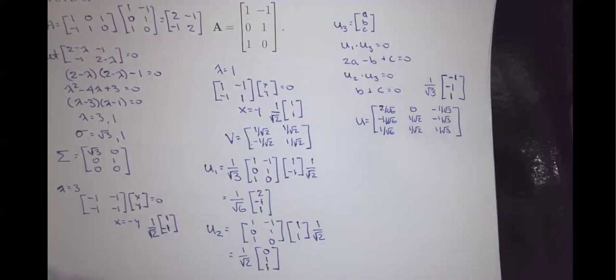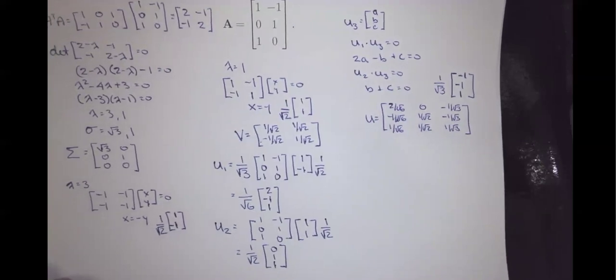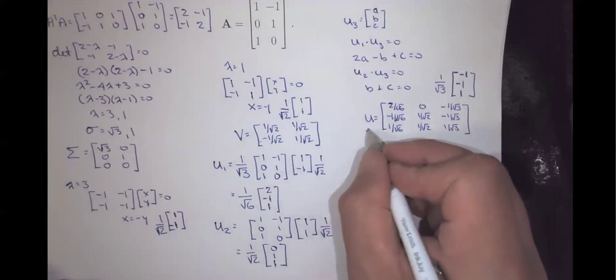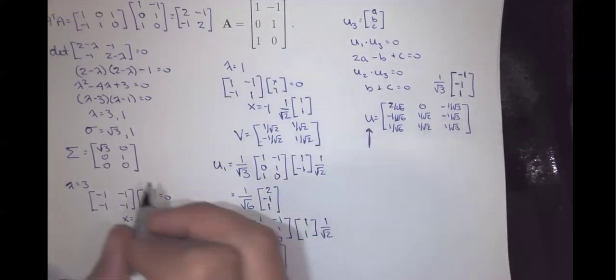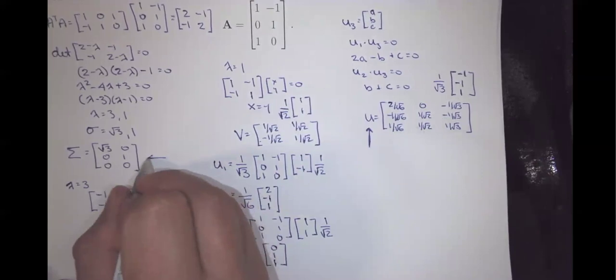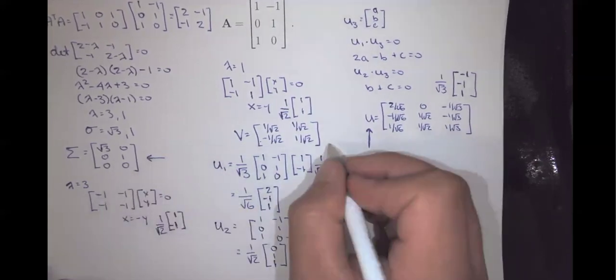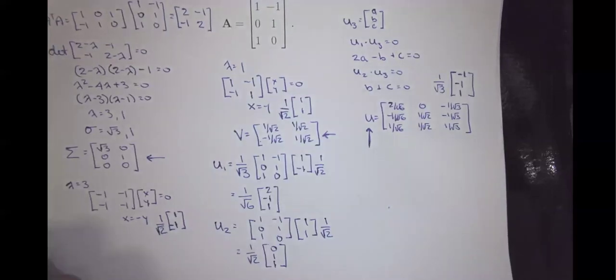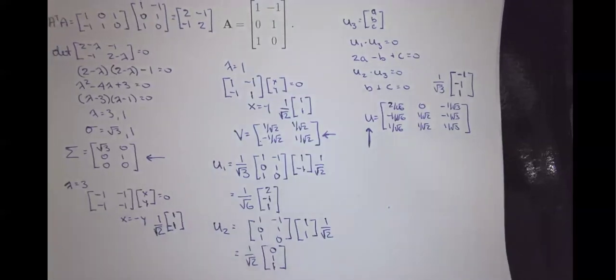So this gives us our matrix U. So A is the product of our matrix U times our matrix sigma times the transpose of our matrix V. And you can confirm that by simply multiplying that out.